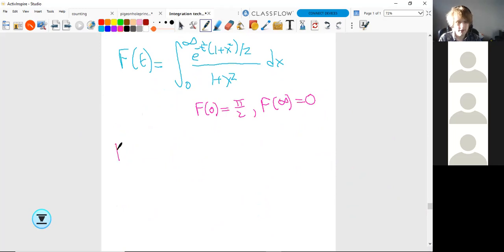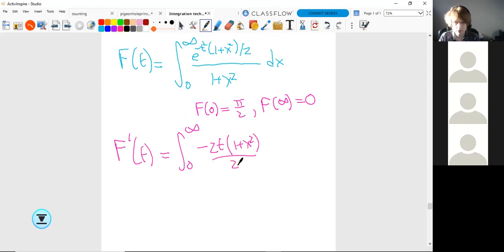So if you take the derivative of this thing with respect to t, then we get the integral from 0 to infinity of this thing is going to stay the same, except we're going to have a minus 2t times 1 plus x squared over 2 times e to the minus t squared times 1 plus x squared over 2.